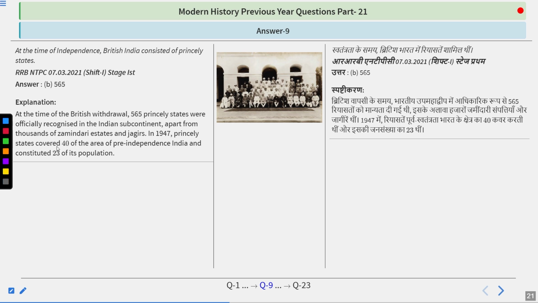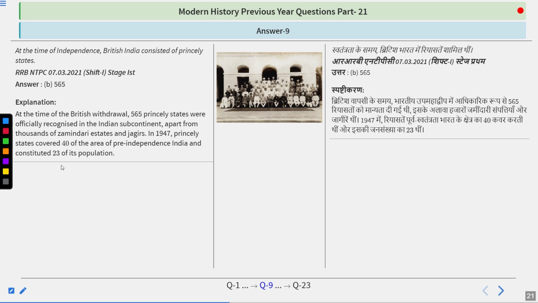In 1947, princely states covered 40% of the area of pre-independence India and constituted 23% of its population. So do remember the answer is 565 princely states were there at that time.